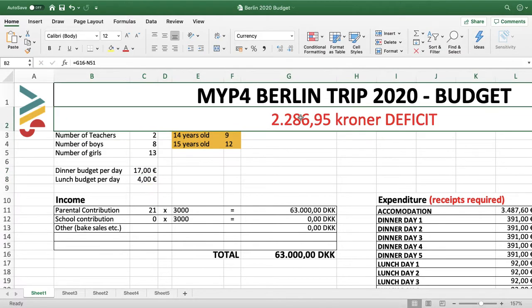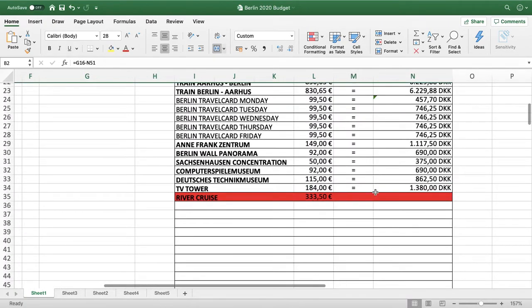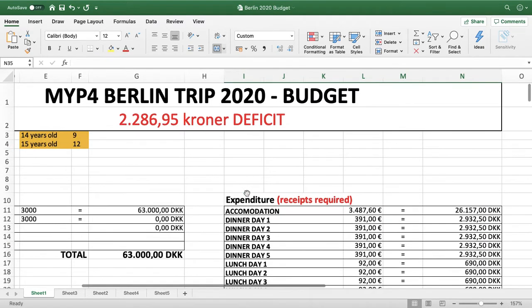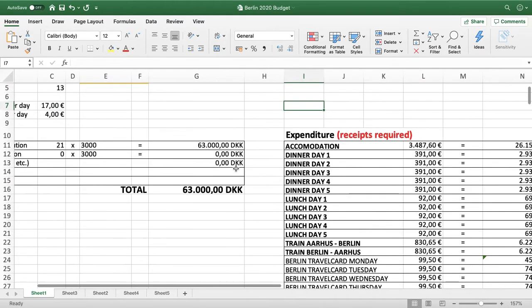Okay, and then that changes my deficit, but still not enough. Okay, well, what if I knock out this river cruise? Well, I think I've already knocked it out because I haven't got the kroner amount there, so that's not helping me.